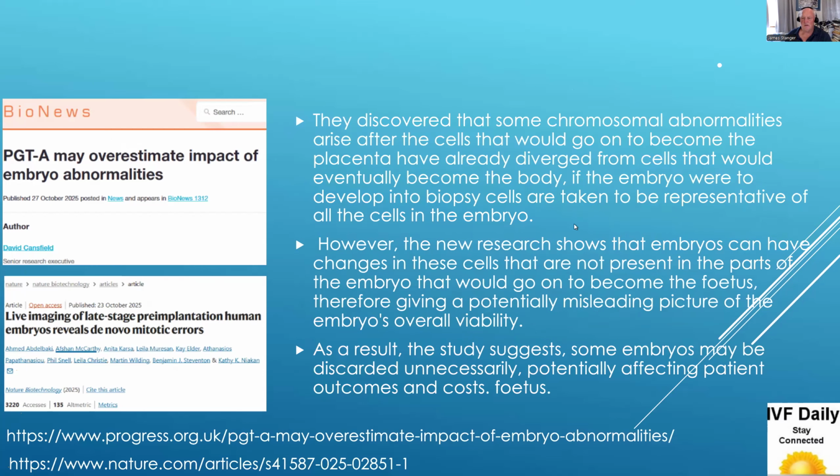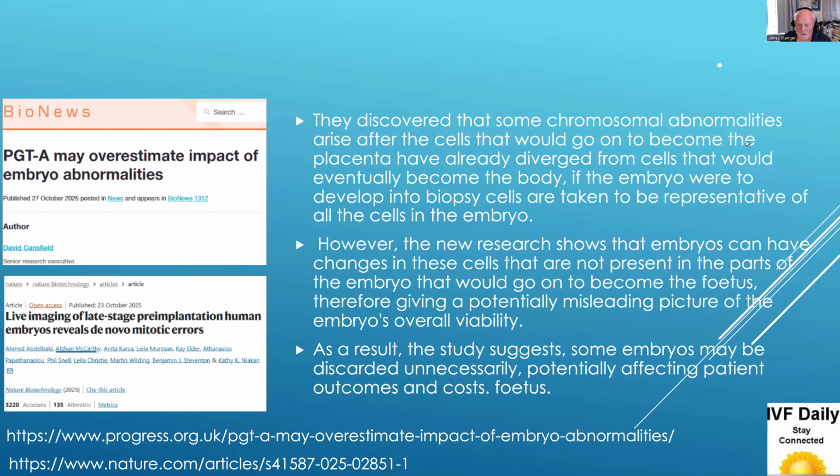They discovered that some chromosomal abnormalities arise after the cells have already differentiated into trophectoderm, that is, cells that become placenta, rather than from cells that are going to form the inner cell mass, which will form the fetus. The research shows that embryos can have changes in these cells that are not present in other parts of the embryo that would become the fetus, thereby giving a potentially misleading picture of the embryo's overall viability.